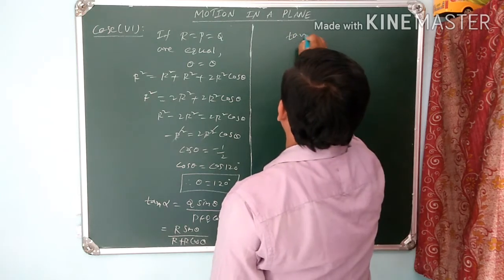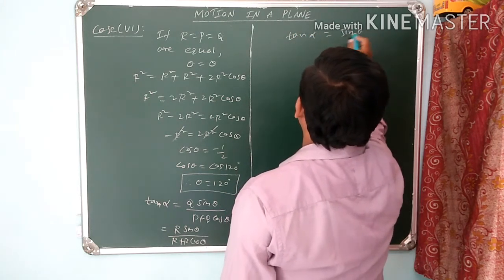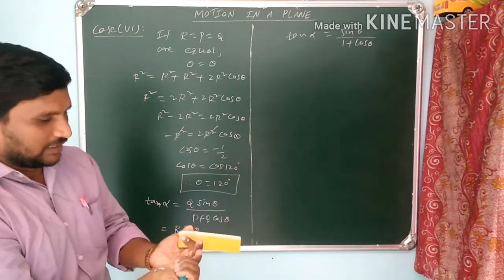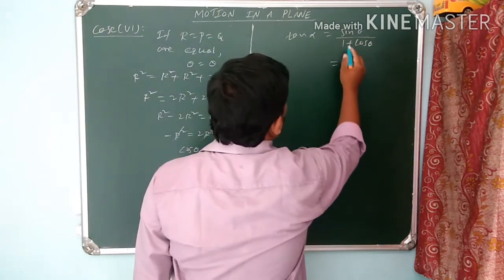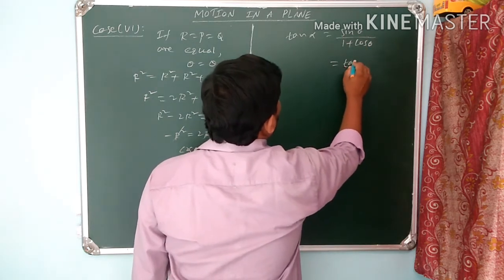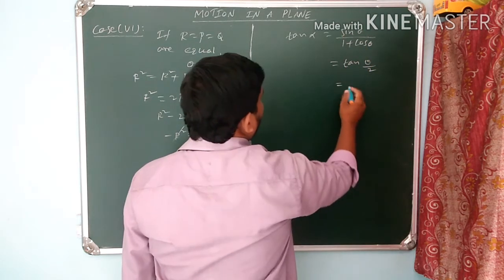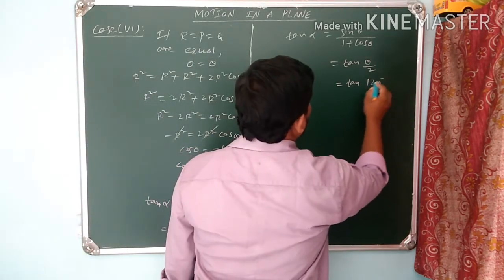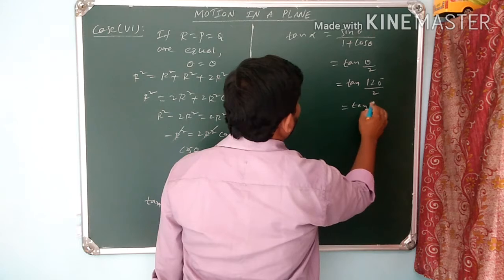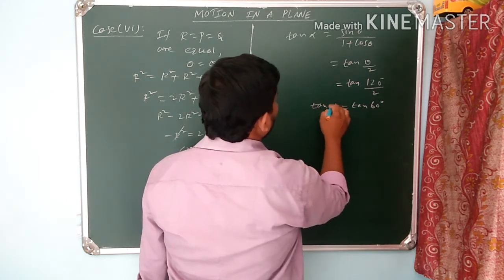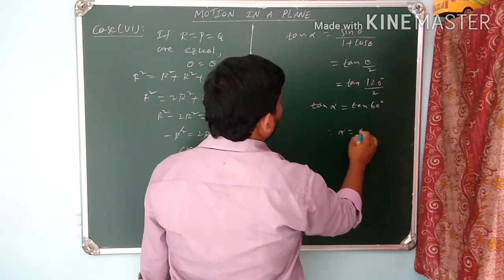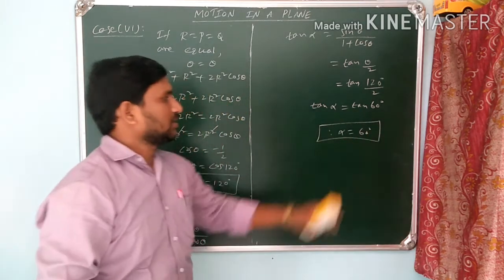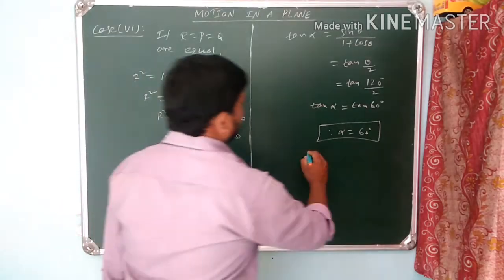We are getting tan alpha equal to sin theta by 1 plus cos theta. This we already got in case 5, and for this the answer is tan theta by 2. Here theta is 120, therefore 120 degrees by 2 is equal to tan 60 degrees. Therefore tan alpha is equal to tan 60, so alpha equal to 60 degrees. Okay, the direction of the resultant, alpha, is equal to 60 degrees.